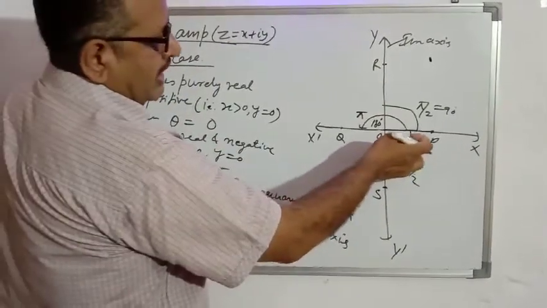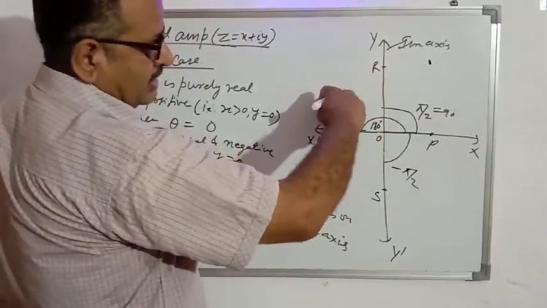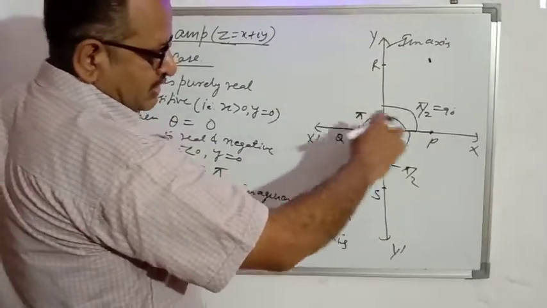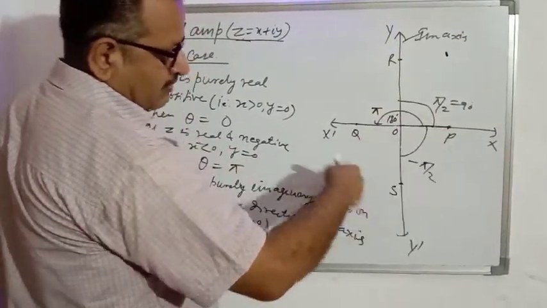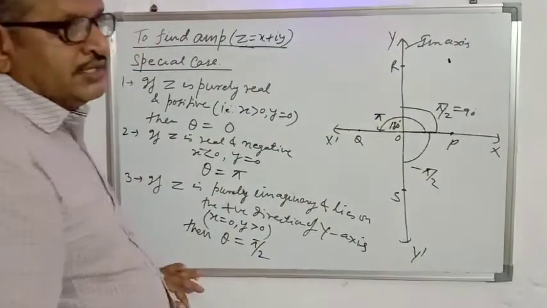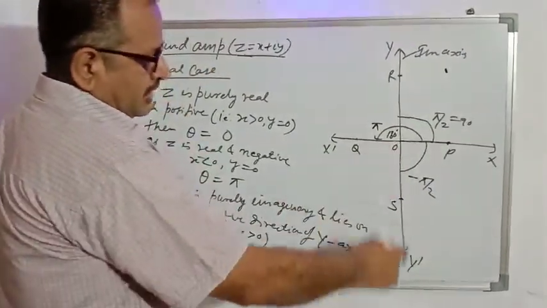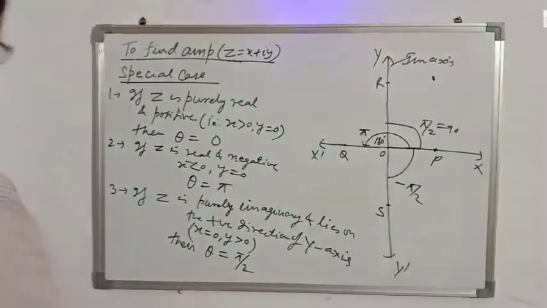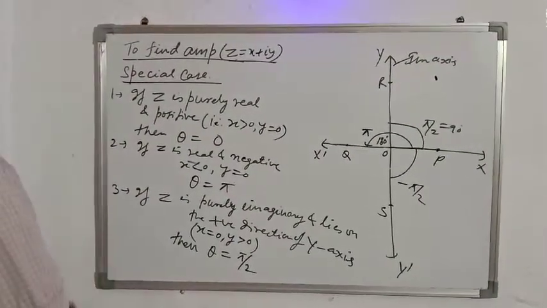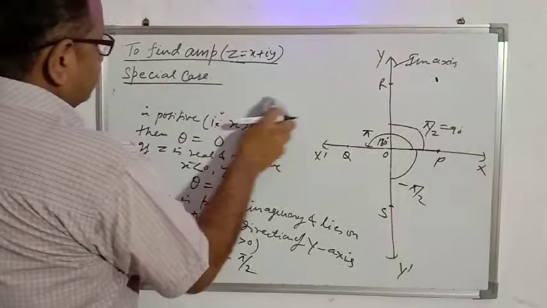When we take the angle in the anti-clockwise direction, it is taken as positive. If the angle is taken in the clockwise direction, we take it as negative. So that is case number 4. See the fourth case.